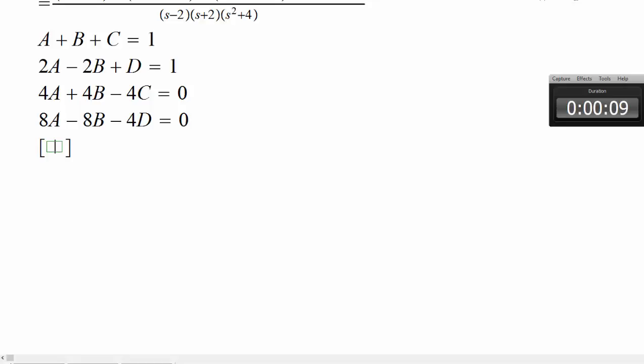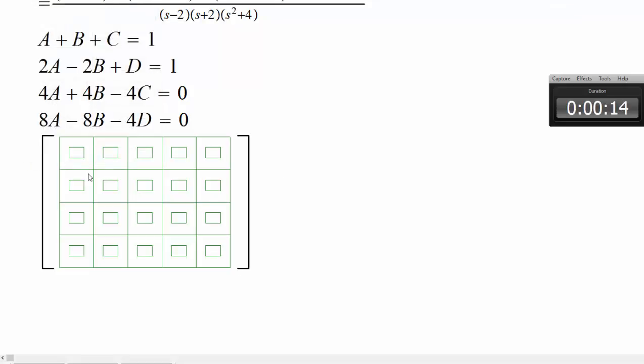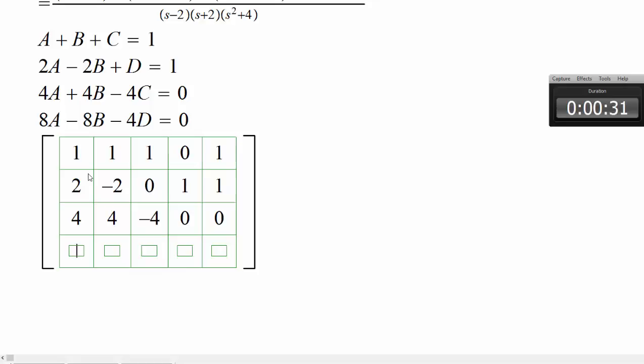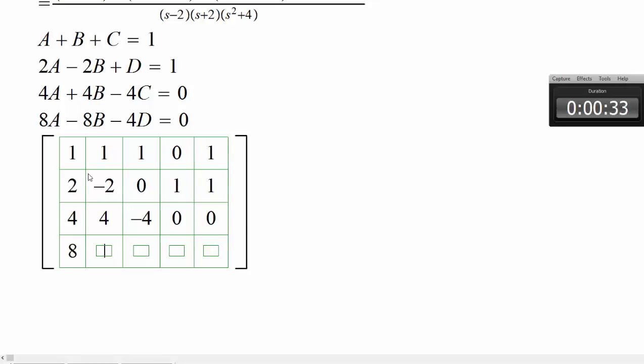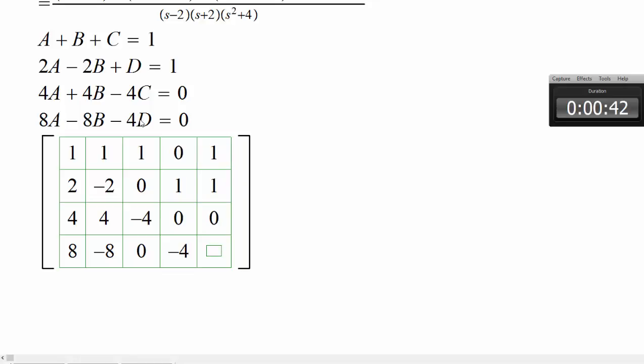We have 1 1 1 0 1, then 2 negative 2 0 1 1 again, then 4 4 negative 4 0 0, then we got 8 negative 8, no coefficient of C here so we have 0 for that, negative 4 0.